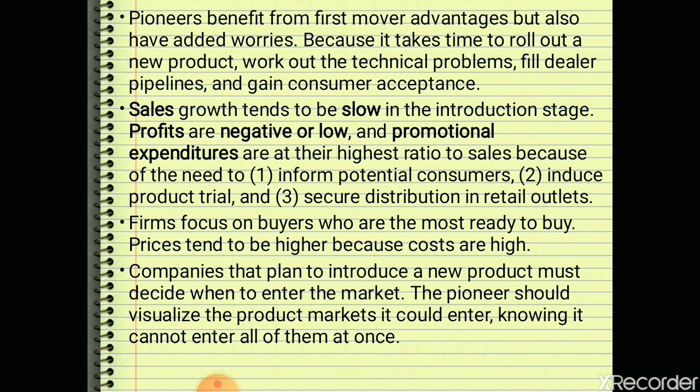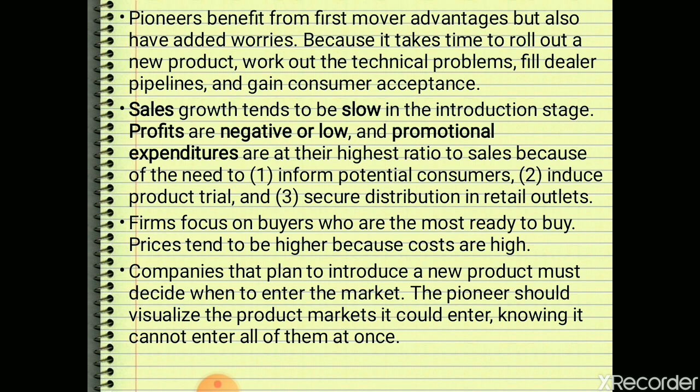And when we are talking about promotion to sales ratio, sales is low but promotion expenditure is too high. The promotion to sales ratio is very high, and what purpose are we using this promotion for? To inform our potential customers about our company, our brand, our product.